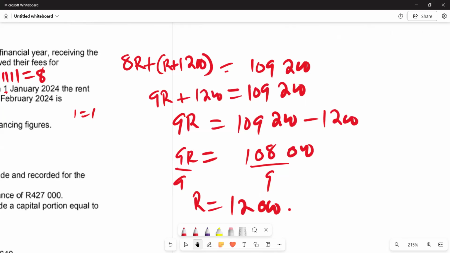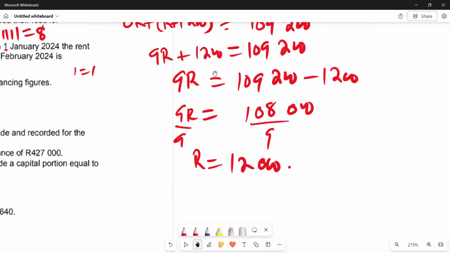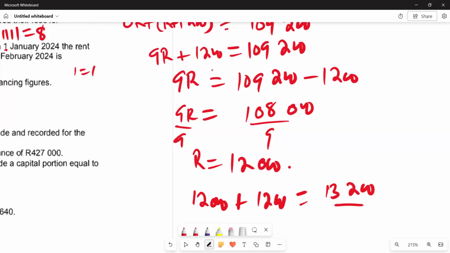Then after it was increased, for January it was R plus 1,200. So it's now 12,000 plus 1,200, and we are going to get 13,200. So 13,200 applies for January and February.